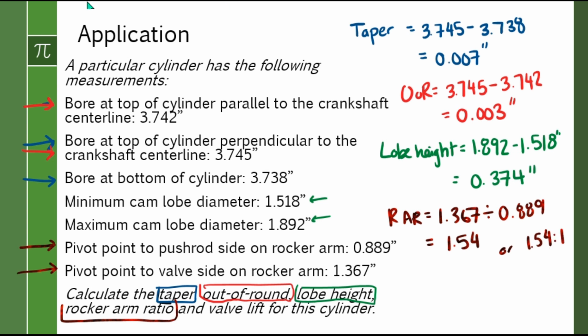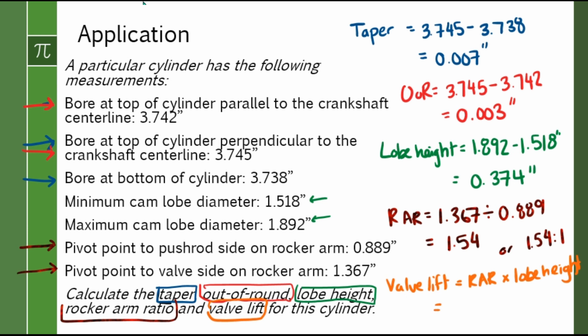Okay, and lastly, in orange, we're going to do the valve lift for this cylinder. Valve lift is the rocker arm ratio times the lobe height. Felt like I needed to write that formula down for some reason.